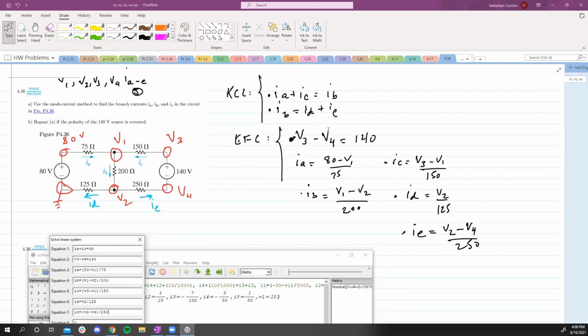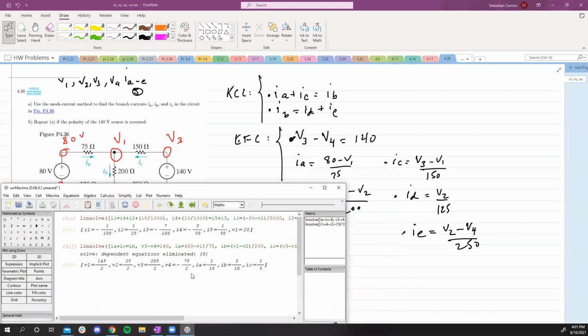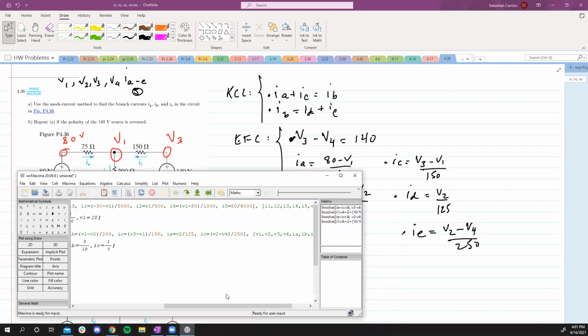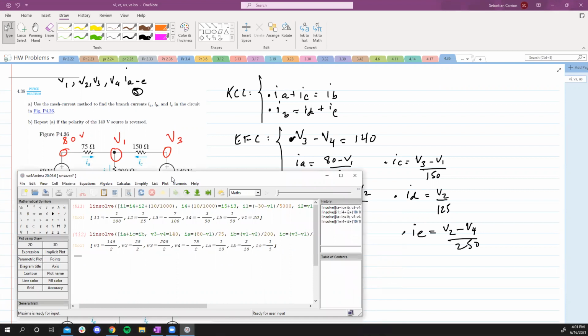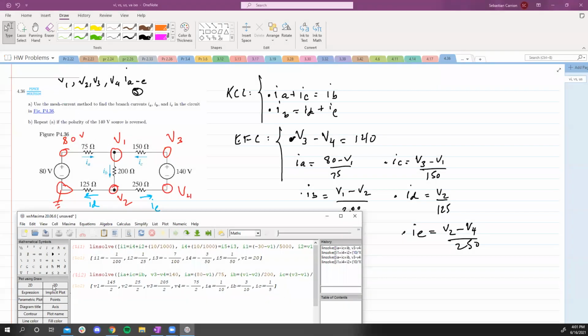Yeah, let's do that. We can leave that 0. It should give us the same. I'm going to rewrite my KCL, three equations.